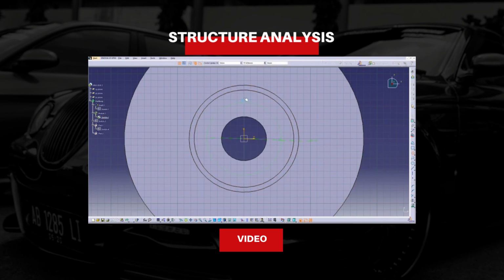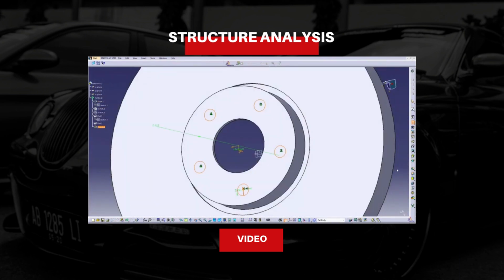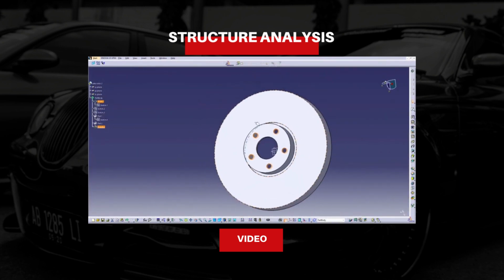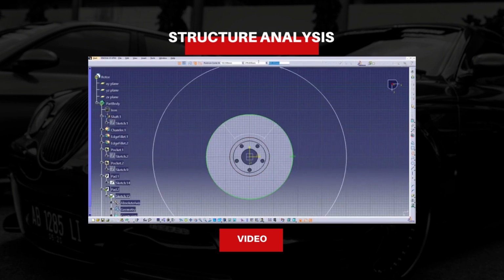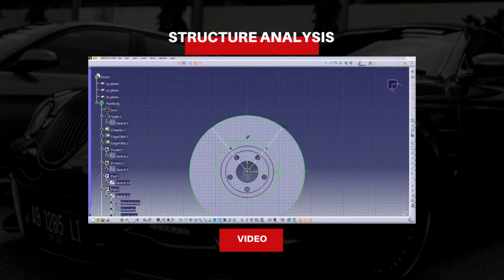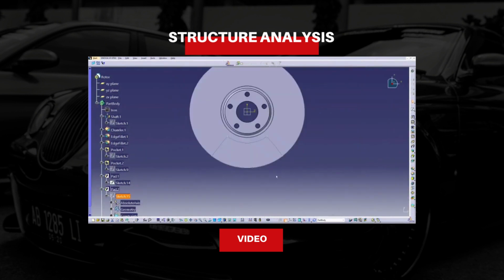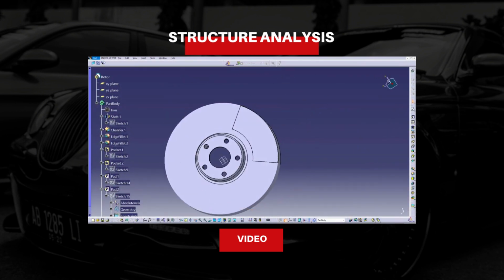Next, we will make 5 holes for the nuts to be fitted in, and we use the rotary function in CATIA V5 so the angle will be even. After that, we will draw spaces for the brake pad to be fitted in. After we complete, this is our design for the rotor brake disc.